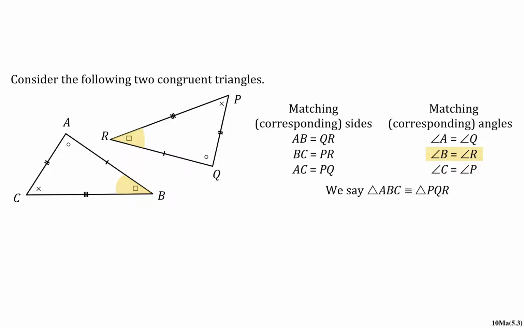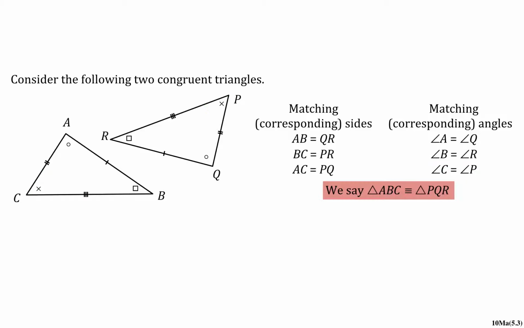So they match or correspond with each other. And similarly, angle C and angle P have a little cross, so they match or correspond with each other. And because we have all the three sides matching and all the three angles matching, we can say those two triangles are congruent. The triangle ABC is congruent to triangle PQR.